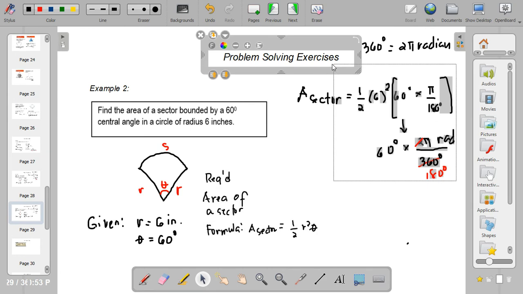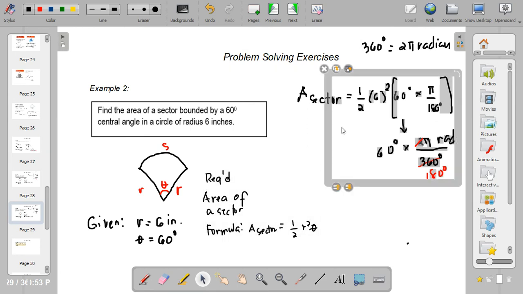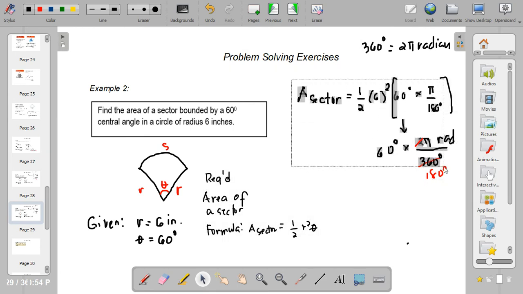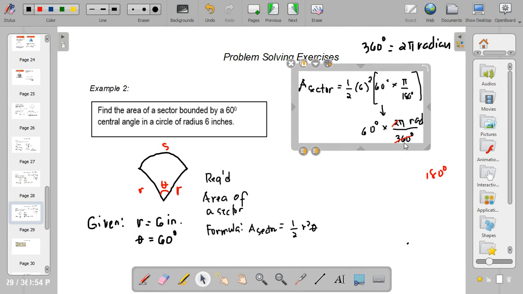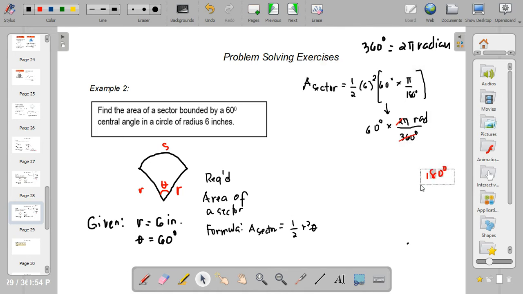So we're just going to make it a little small para ma-accommodate natin yung, okay.